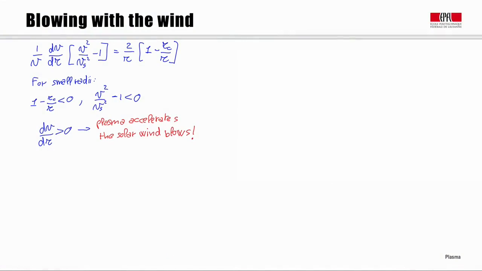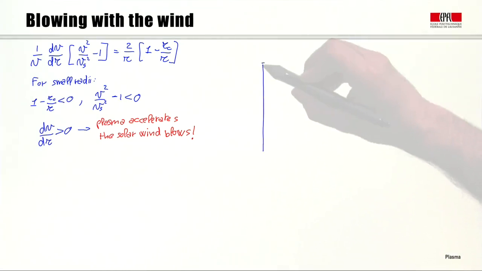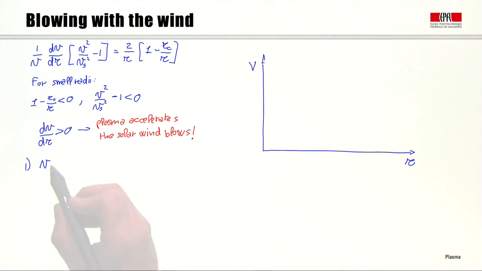Now let's try to identify families of solutions of this equation in the RV space as drawn here.